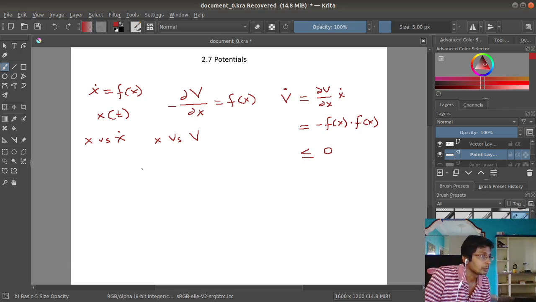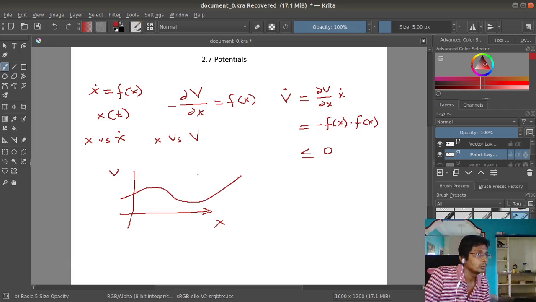So if I make this plot, let's say this is my x, this is my V, and let's say I am getting an equation like this. Now let's say this is my x at some particular time t. Will this x go in this direction or this direction? Those are the only directions it could go, because it's a 1D flow, right?